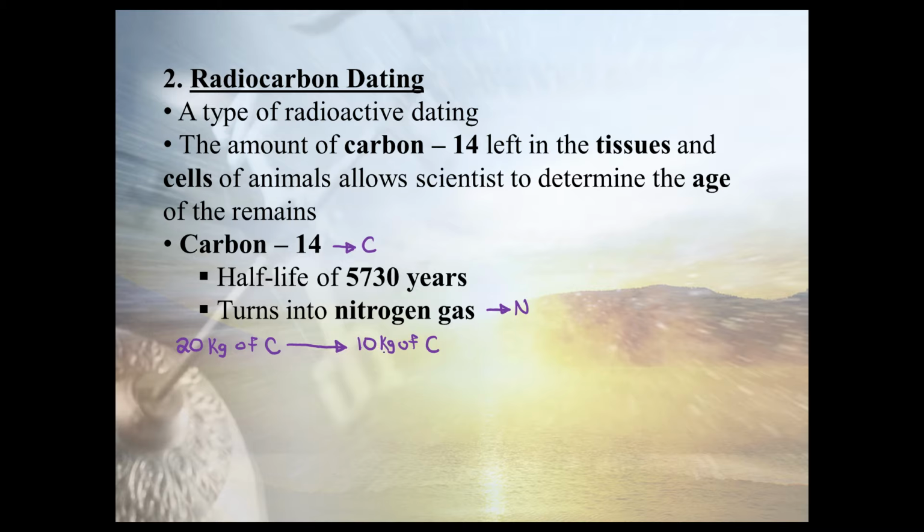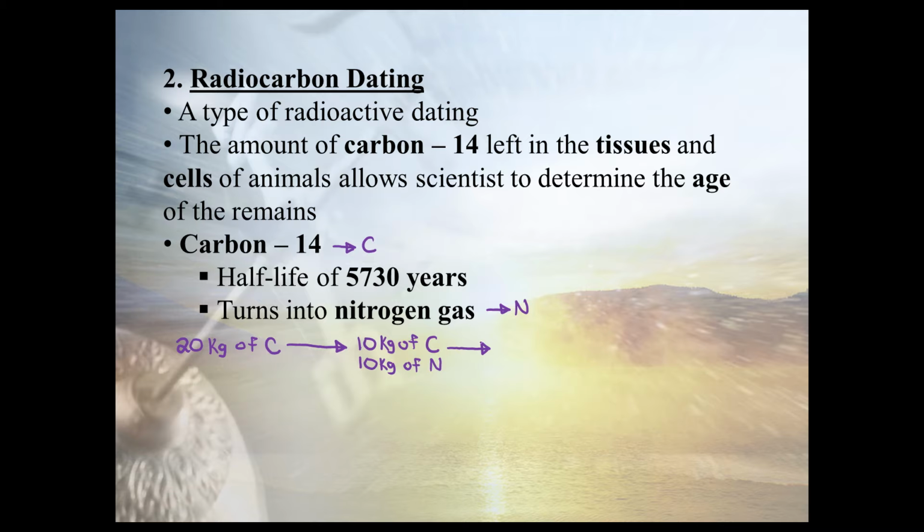What happened to the other 10 kilograms of carbon? If I started with 20 and I only have 10 kilograms of carbon, what happened to it? Well, the rest of it decayed into this nitrogen gas. So 10 kilograms of nitrogen. Let's go through another half-life. If you start with 10 kilograms of carbon and you go through 1 half-life, you would have 1/2 of that mass.